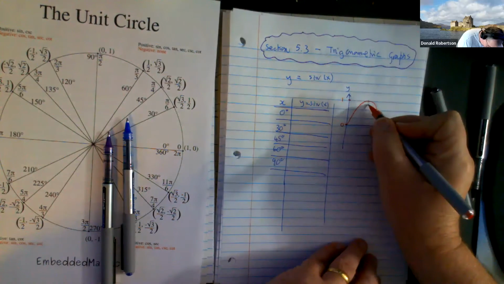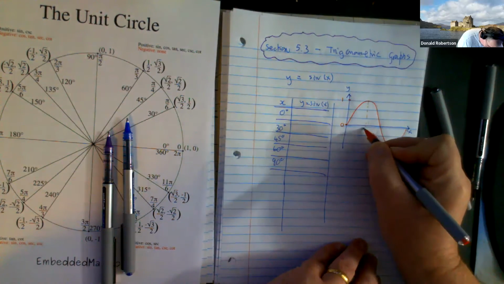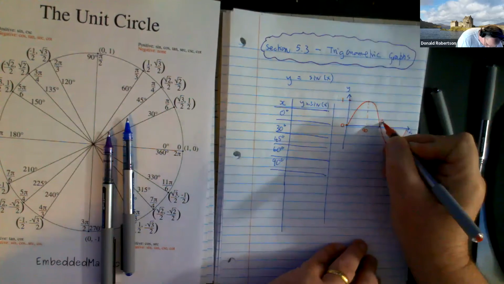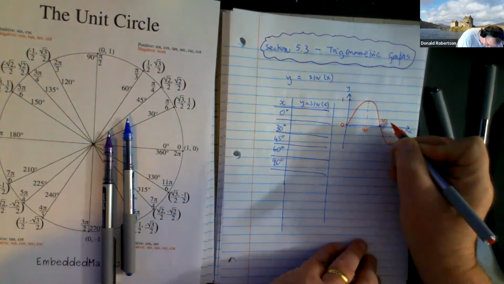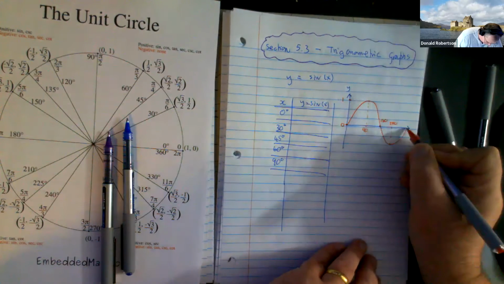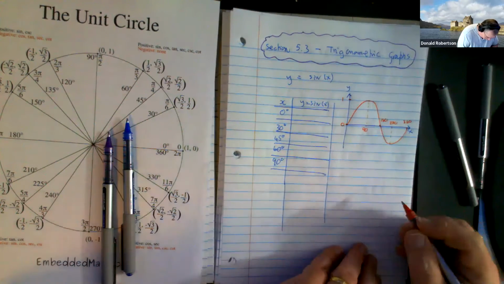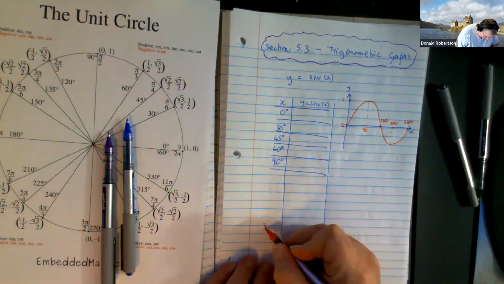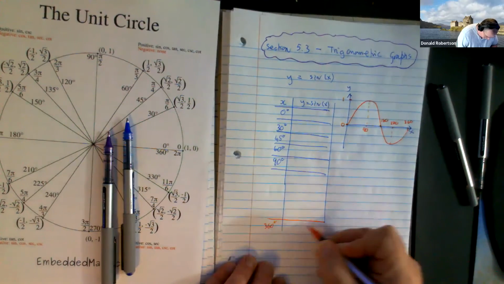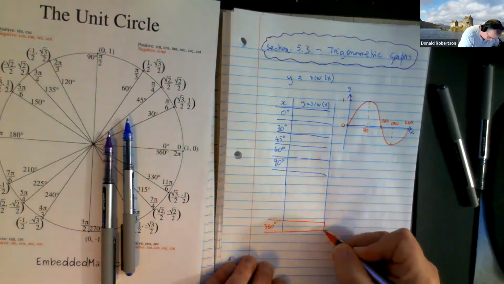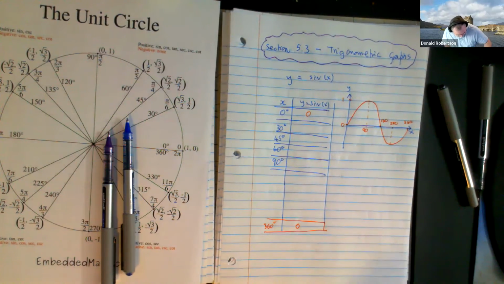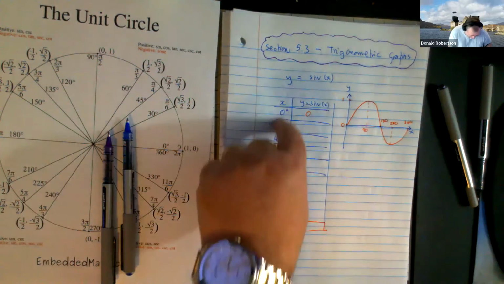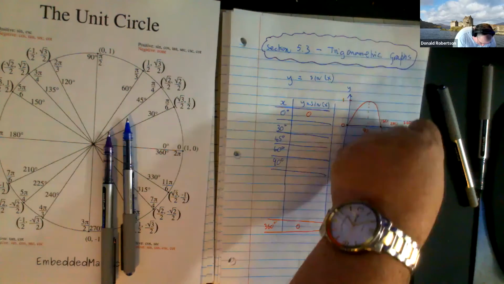This guy here would be at 90 degrees. This guy here would be 180 degrees. This guy here would be 270 degrees. And this guy here would be 360. Can you imagine you found the sine of 360 degrees? If you look up your table, can you trust me it's 0? Right. So if you plotted enough points, this is what the graph of sine x would look like.